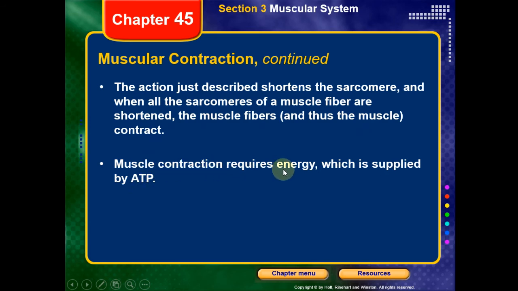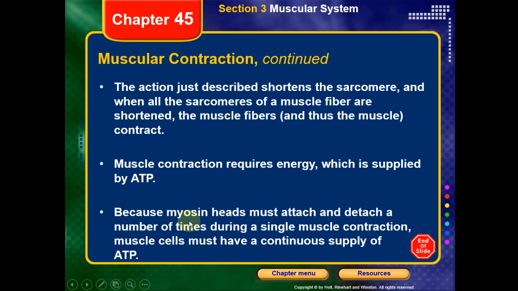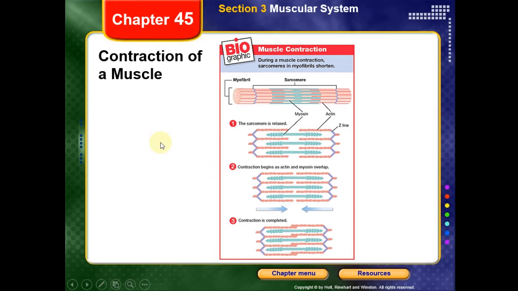Muscle contraction requires energy, which is supplied by ATP, adenosine triphosphate. Because myosin heads must attach and detach a number of times during a single muscle contraction, muscle cells must have a continuous supply of ATP. This means they have a lot of mitochondria.